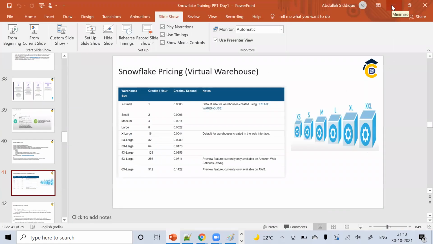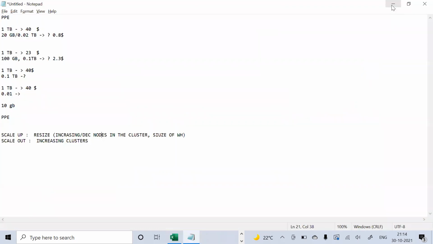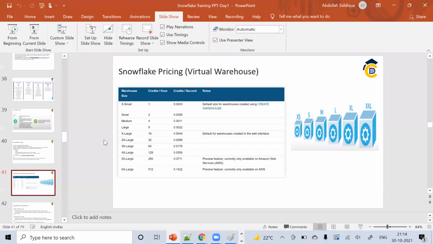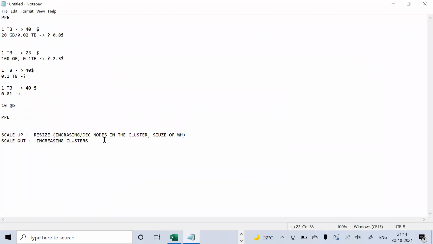Abdul, that day you told scale up and resize. Yeah. So I was wrong. Okay, got it. Which is why I wanted to clarify this. Okay. Because AWS uses the same term, scale up and scale out.